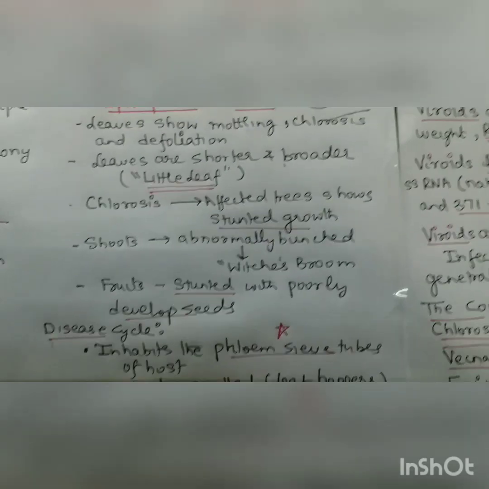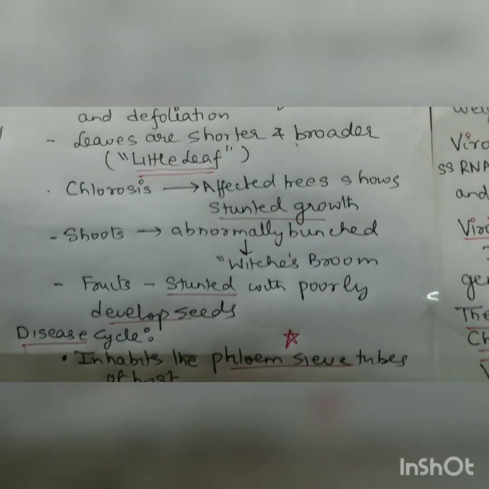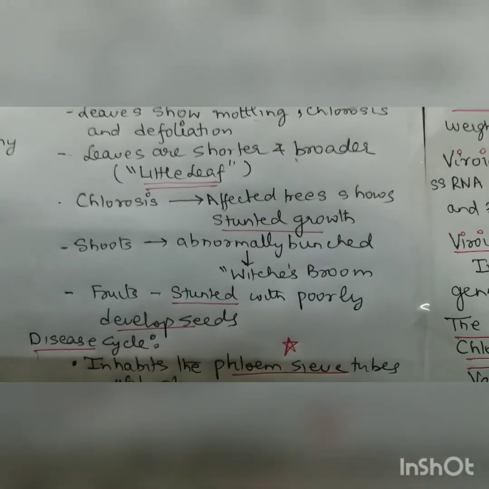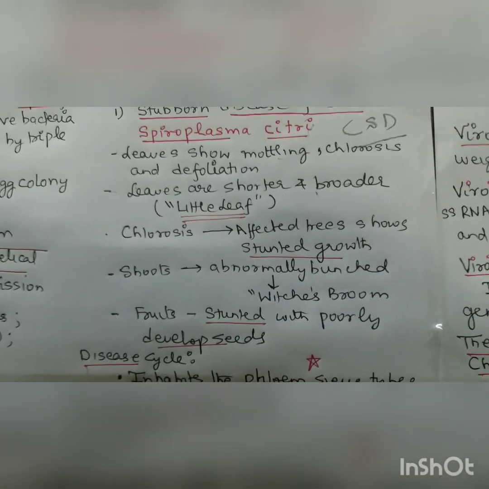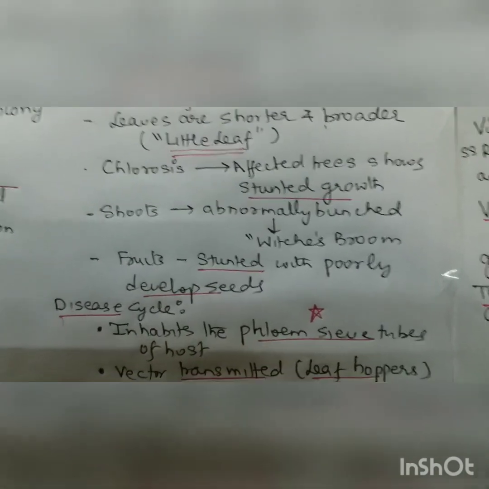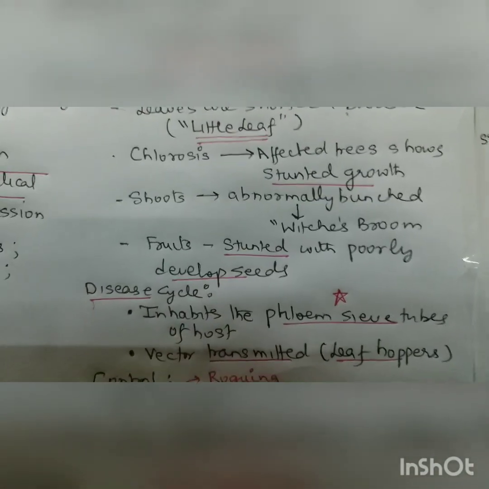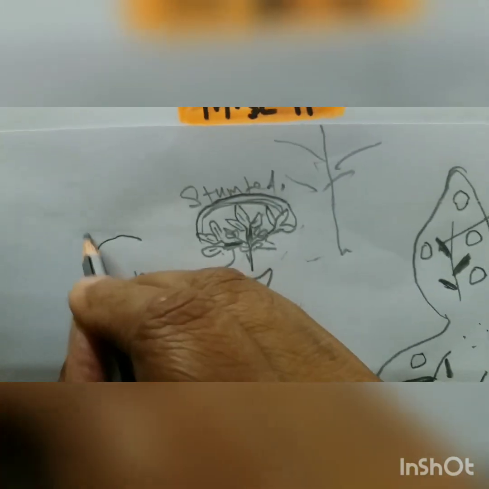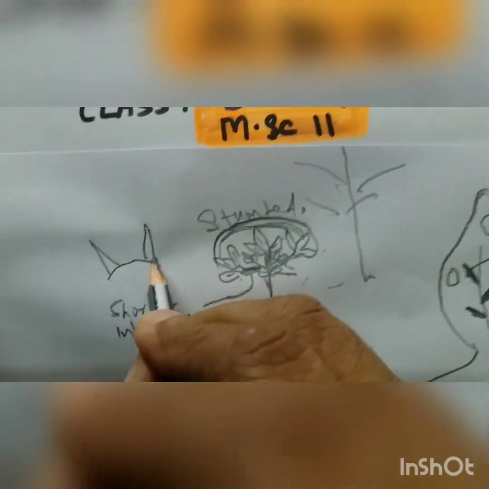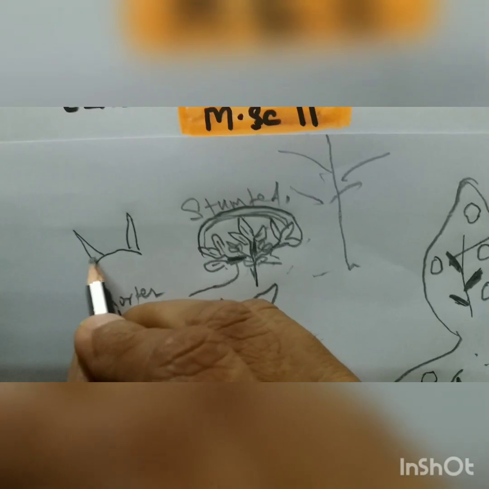And then, I already told you, the leaves are shorter, the little leaf, chlorosis. Then we have chlorosis, which is every time followed by necrosis, and then there is stunted growth and leaf defoliation, right? So when the shoots are bunched, as in the time of Holi and Diwali, we see people wearing headgears, sometimes red in color.